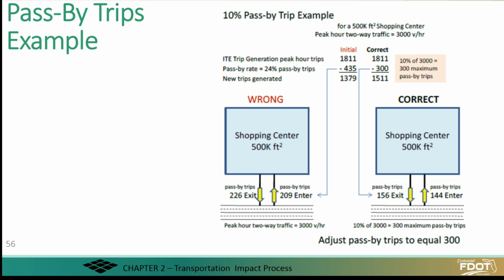However, 435 is over that 10% of the 3,000. So it should be adjusted down to 300 and using the same proportions of in and out.